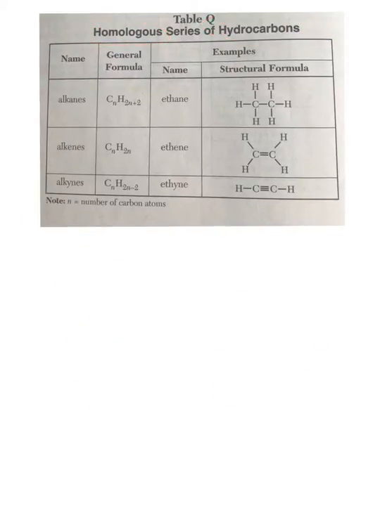And the first type of hydrocarbon we'll talk about is this guy right here, the alkanes. Now, the alkanes are made of carbon and hydrogen, but their ratio of carbons to hydrogens follows this general formula.